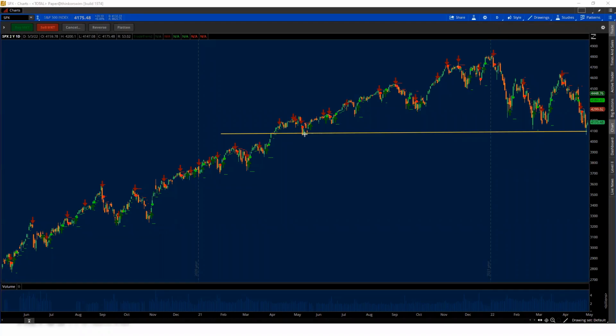And there was a move off that 4100 level up into the 4800, so over a 700 point move on the S&P from that level. Because of the overall shift in market structure and sentiment from secular bull to secular bear, I don't expect that we'll get back up to 4,800, and I'm not counting that as the top of the range, but I think this is a noteworthy support level at 4,100. So that's the bottom of our range right now that we're going to be watching near term.